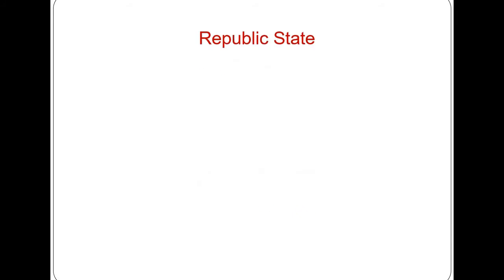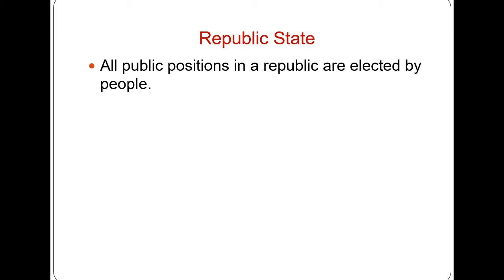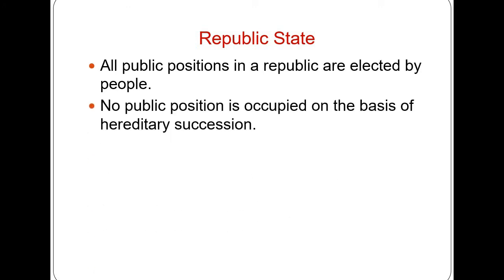Republic state. All the public positions in the republic are elected by the people. No public position is occupied on the basis of hereditary succession. Like, for example, Modi ji. He is the Prime Minister of India.